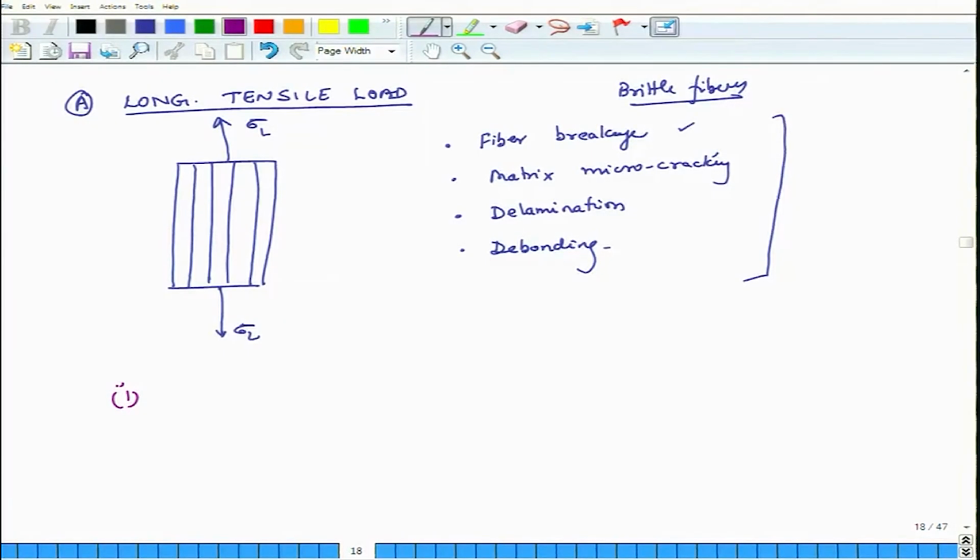So, let us look at the first mode. What is happening here? Fibers crack and break. Okay. So, this is a simple mode of failure.